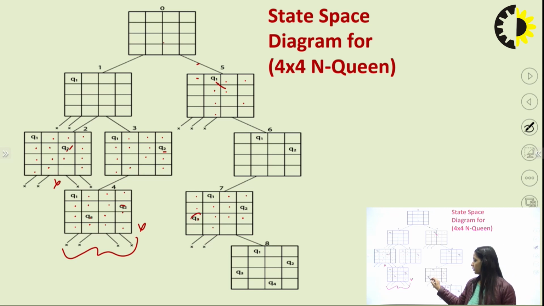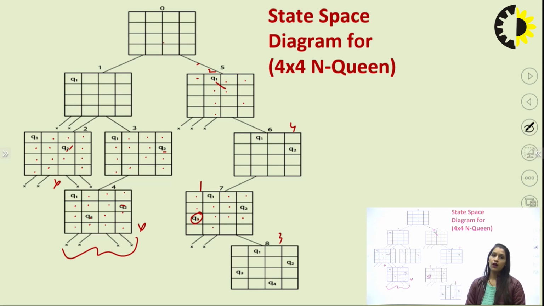So I write Q3 here. When I place Q3 over here, I still get a place for Q4, which means this is 2, 4, 1 and 3. I got the solution.